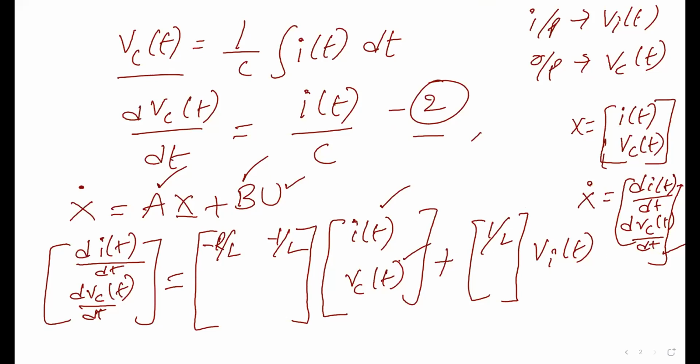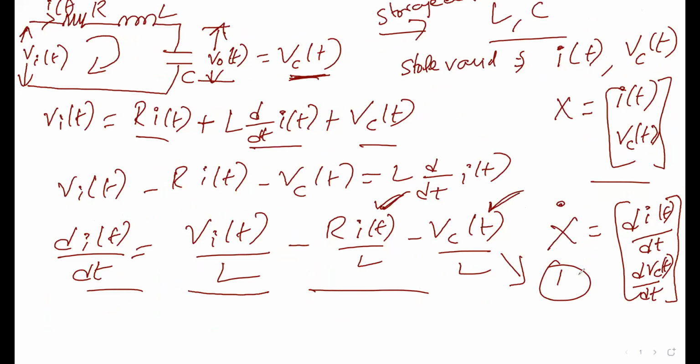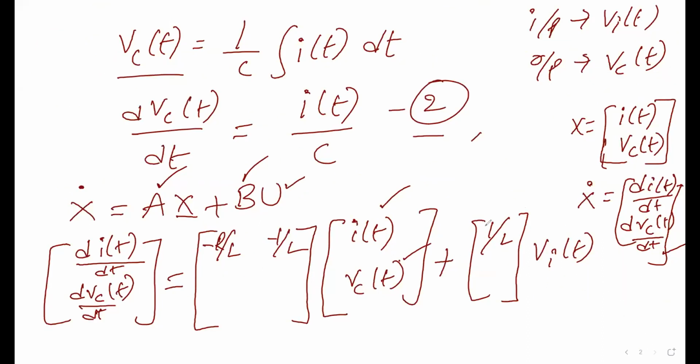Is it clear? di of t by dt equal to minus R by L into I of t plus minus 1 by L into Vc of t plus 1 by L into Vi of t. That is the first equation. Now coming to the second equation.